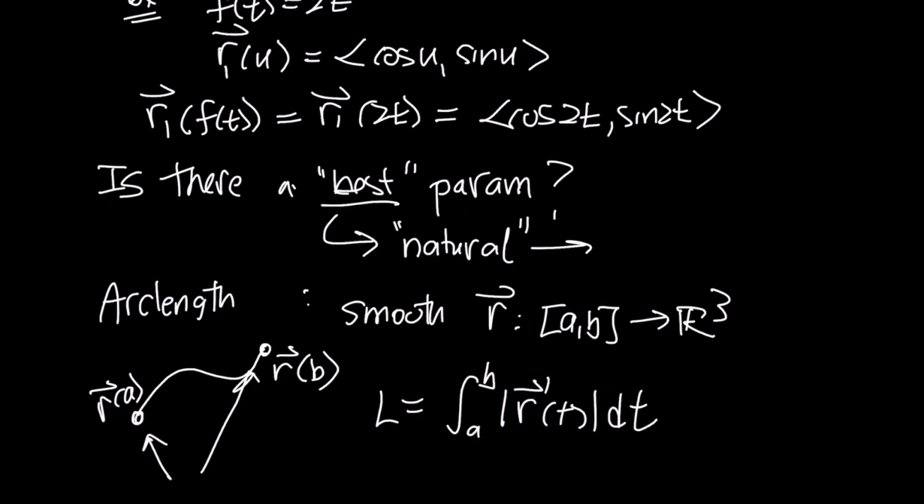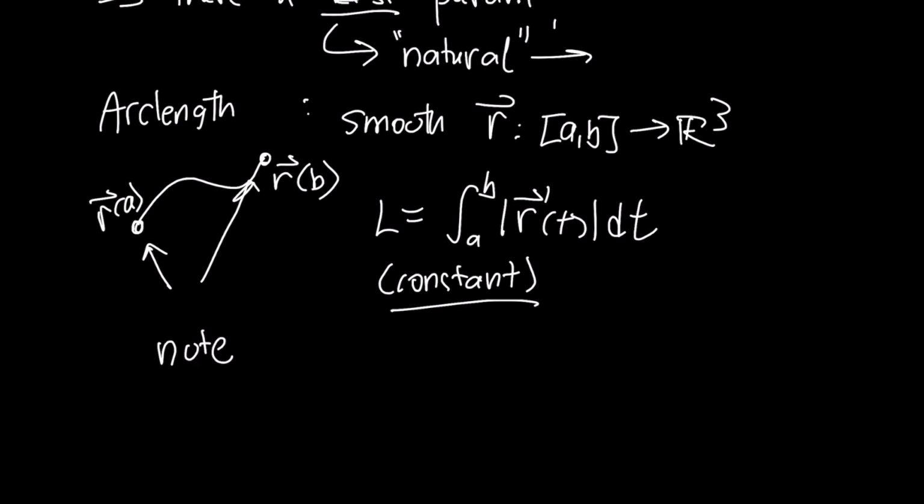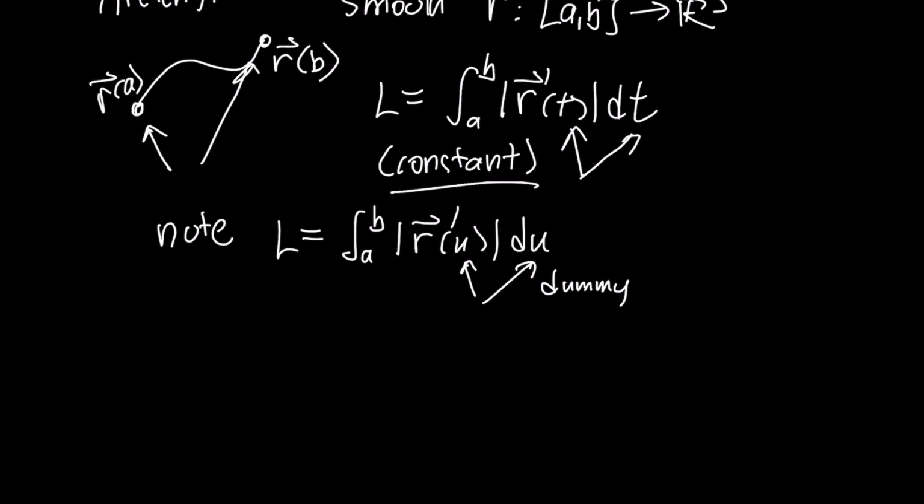Now, this is a constant. It's a number. When I have this integral, the choice of integration variable is irrelevant. I could have used u's because these are all dummy variables, in the same way that the t here is a dummy variable.